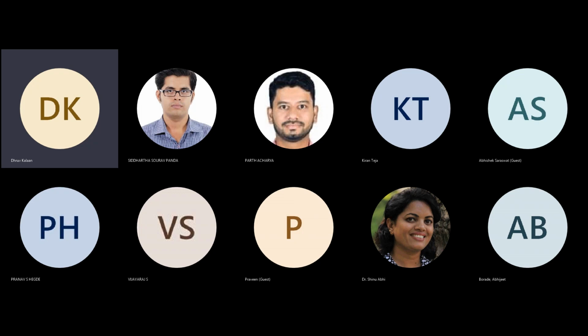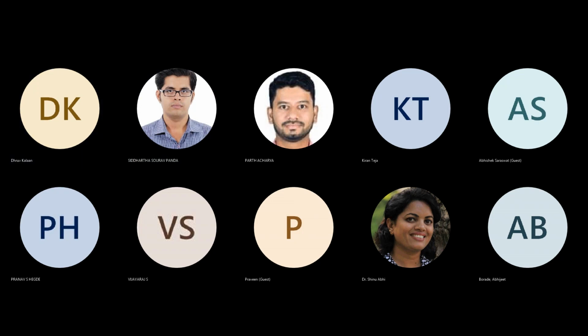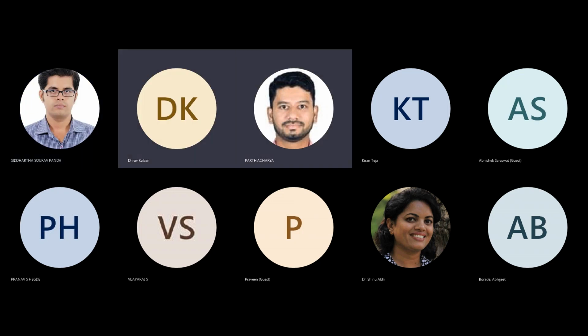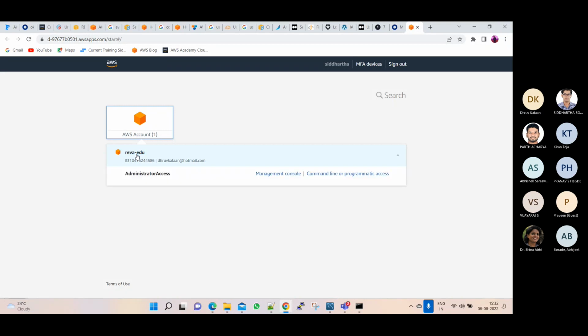Can you just refresh your screen now? So that, just share screen, please. Refresh. Yeah, AWS account 1. Yeah, just click on this. Just click on this again. And click on management console.